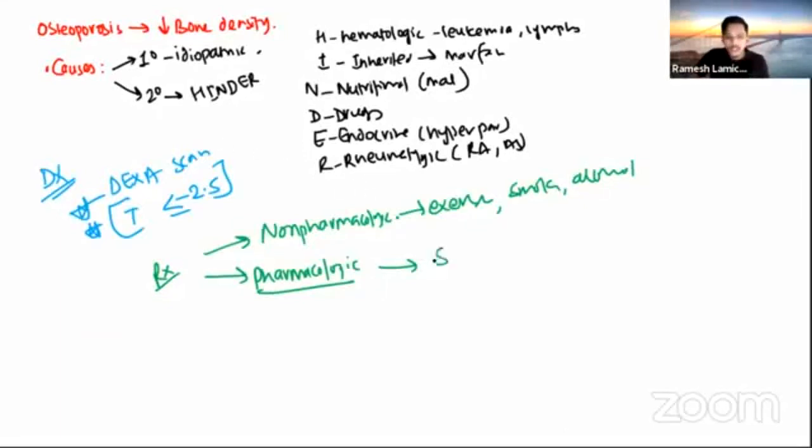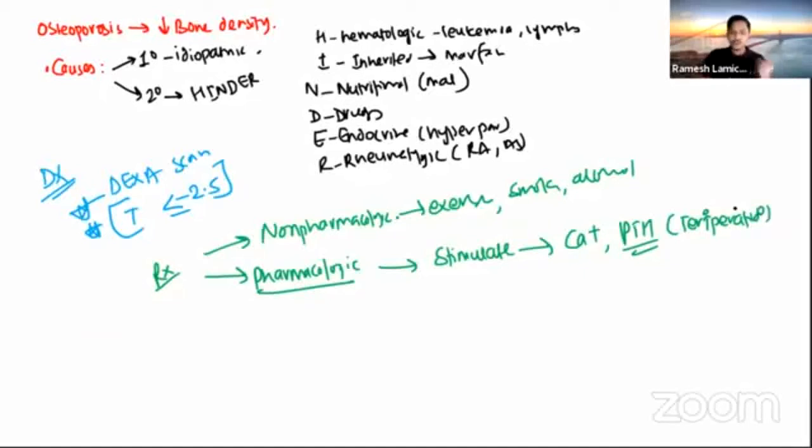So we have to stimulate it. To stimulate bone formation we can give calcium supplement, vitamin D, and the parathyroid PTH analog. We have a specific drug here, teriparatide. This is the drug we use to stimulate the formation of bone. So this is the pharmacologic management that stimulates bone formation.